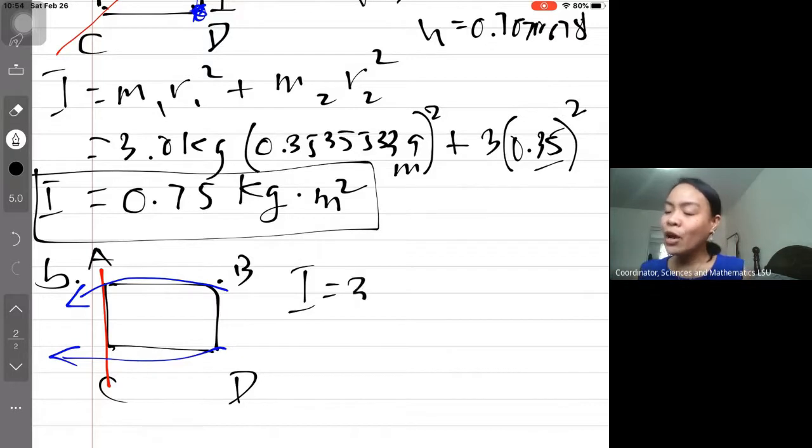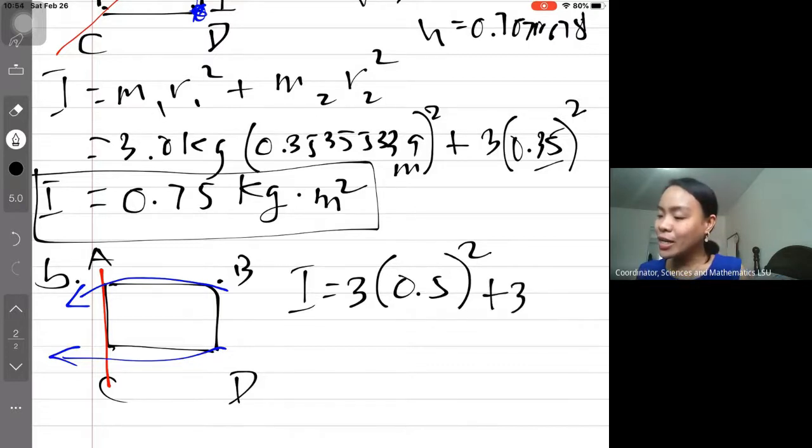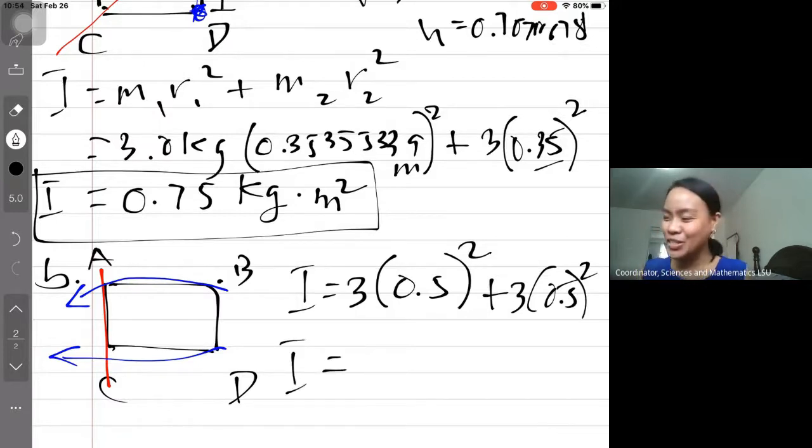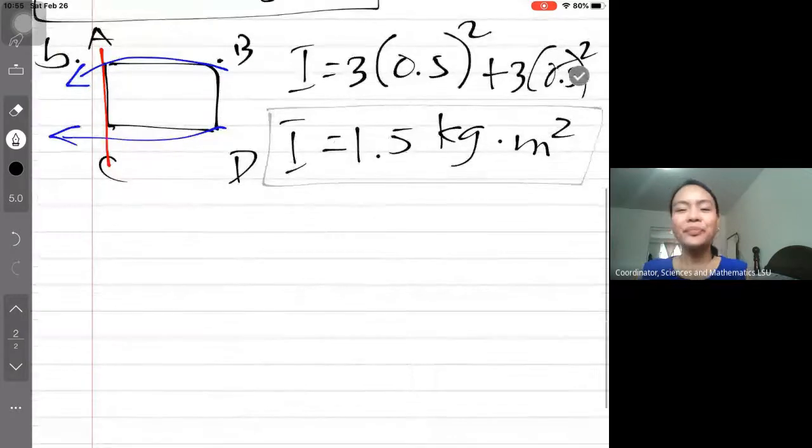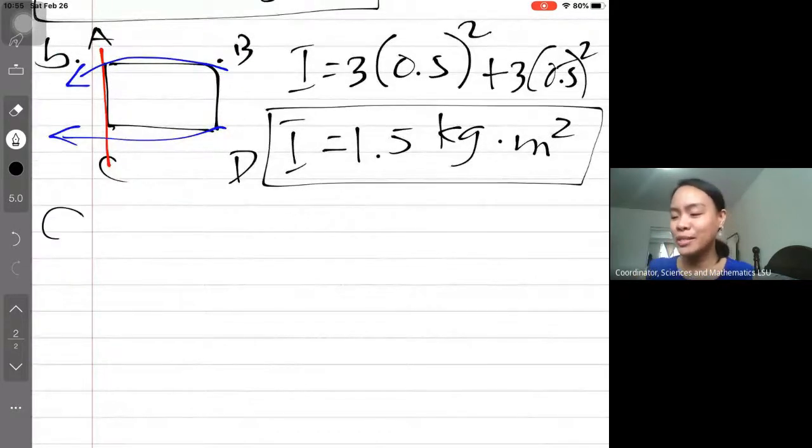You have 3, I will not include the units anymore, and you have 0.5 squared for mass B. And for mass D, still 3 times 0.5 squared. So our moment of inertia is 1.5 kilogram meter squared. Kindly counter check that one, and let us proceed to C.